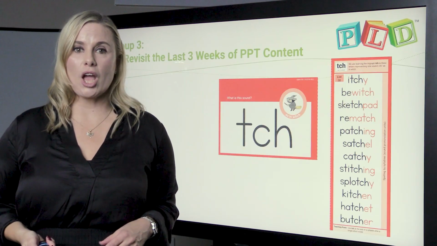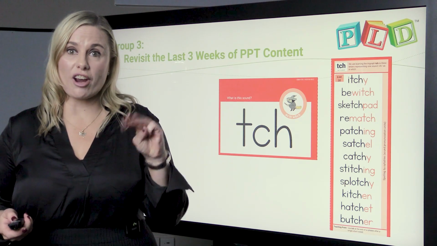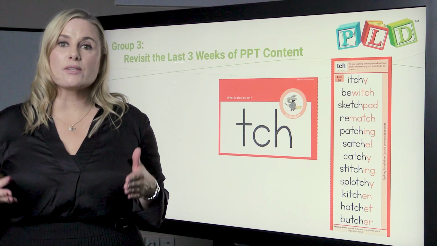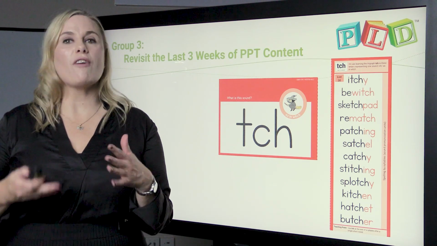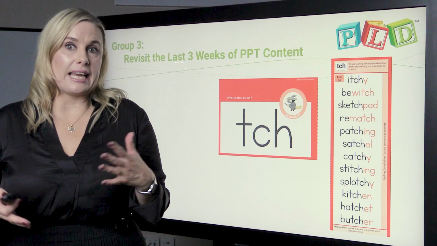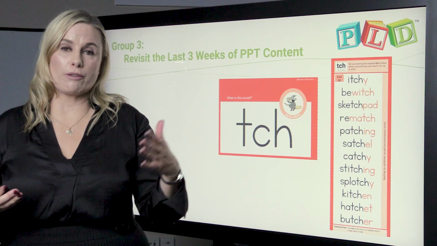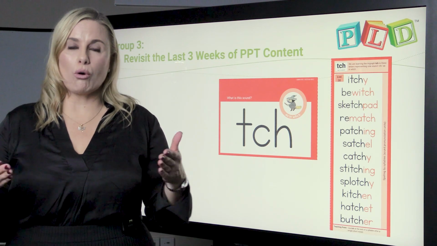Great. Group 3, over the last 3 weeks, we have been looking at our trigraph sound ch of which. Can you please write correctly the word on your whiteboard that if I've had to have a tennis match with someone, and they rolled their ankle and I have to do it again, what is that called?